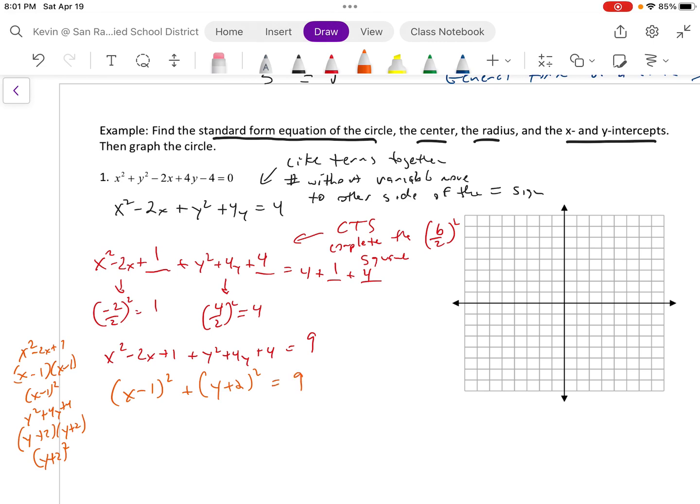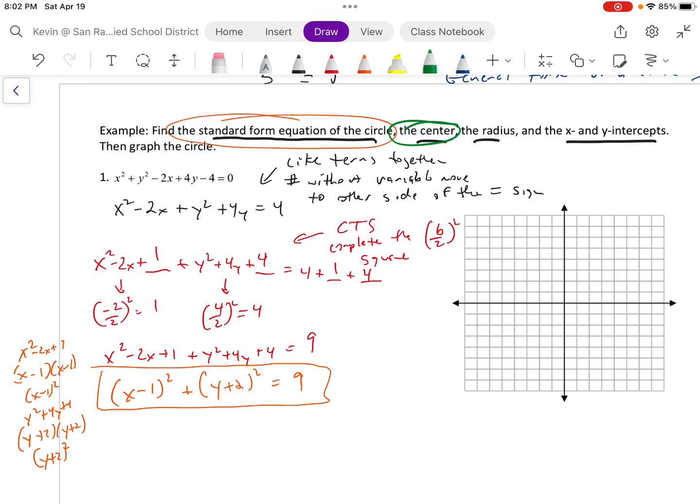So y plus 2 squared equals 9. Okay, and that is the standard form of a circle. So that's this first part here, standard form of a circle.